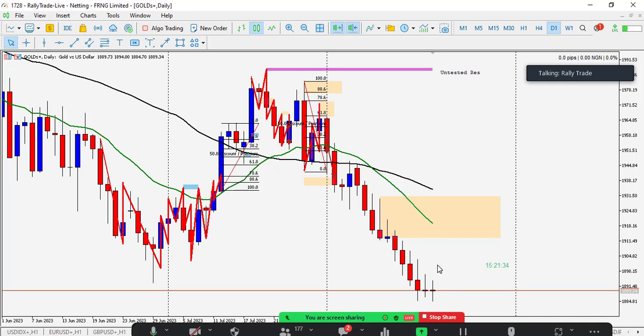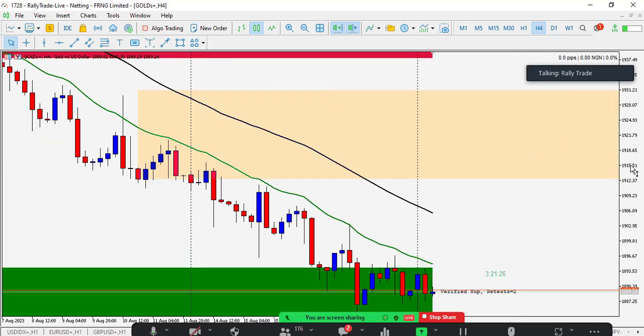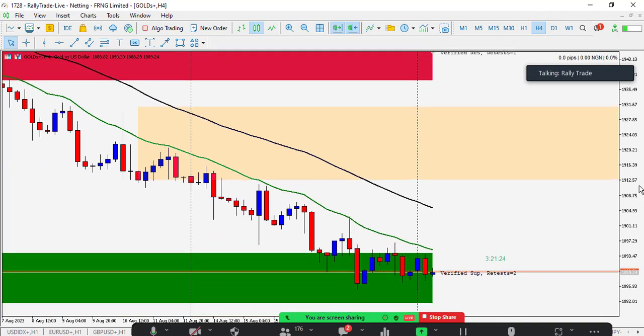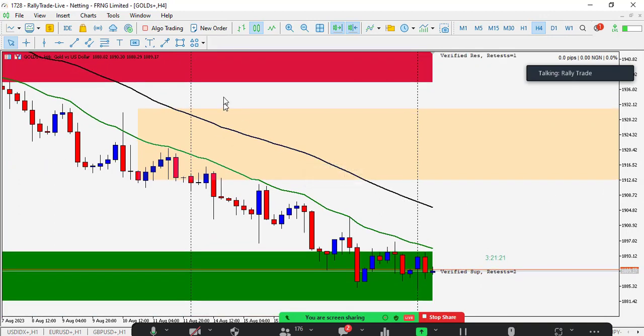But for we intraday traders, scalpers, let's go down to a much lower time frame. We have seen the H4 time frame. On the H4 time frame, the market has been trading inside a range. The market has been building for itself a range. This is what normally happens at the tail end of a long downward movement like this.